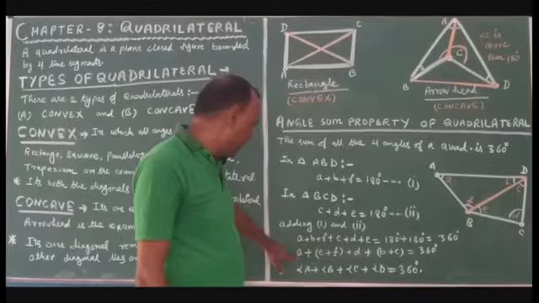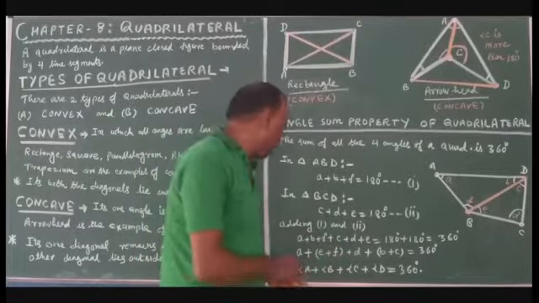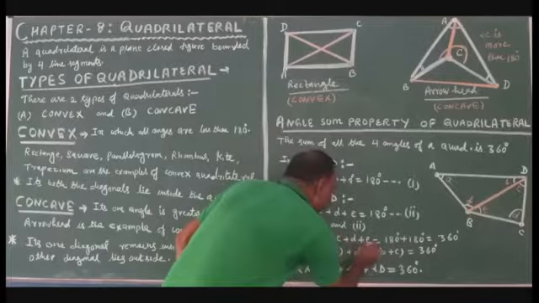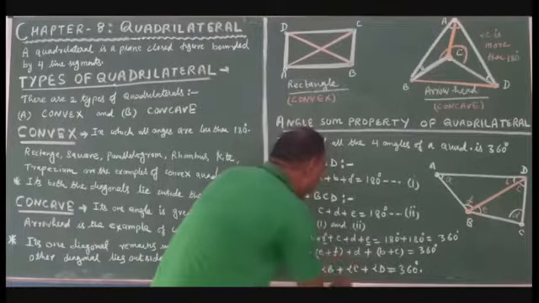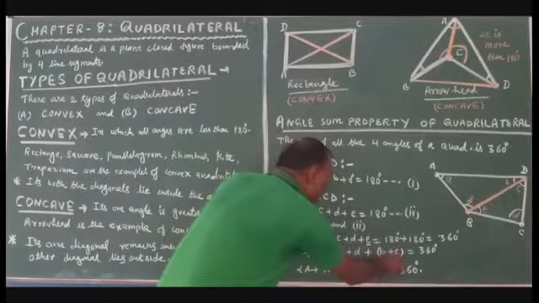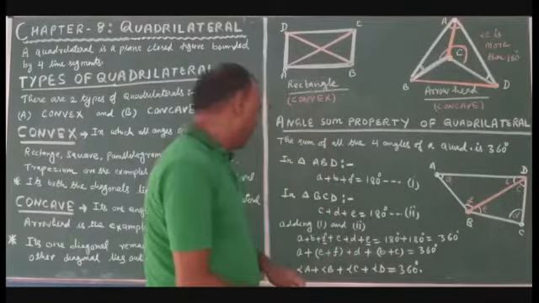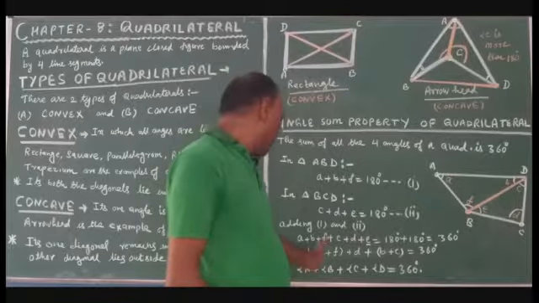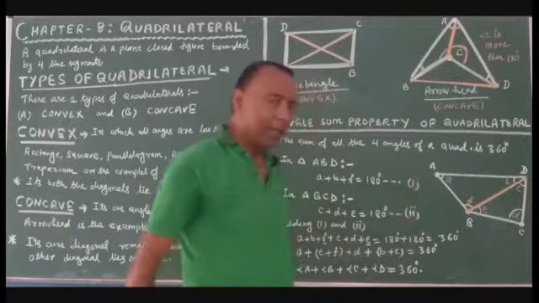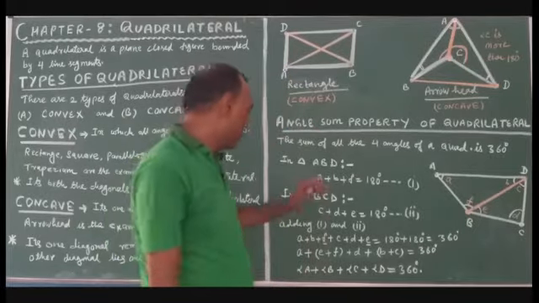First I am writing a, then e and f in a bracket, then d, and at last b plus c in a bracket. So a plus (e plus f) plus d plus (b plus c) is 360 degrees. Now just look here.